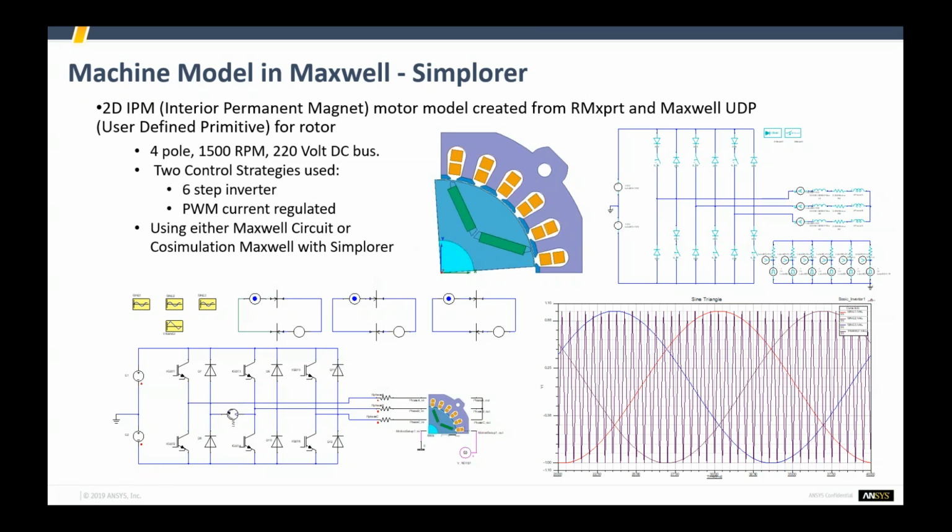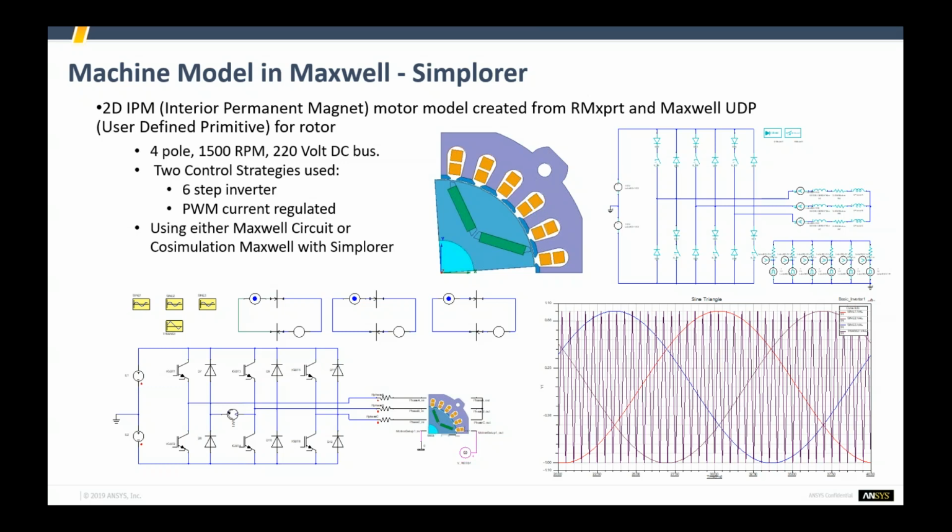So for a specific machine model in Maxwell or Simplorer, here we have an example of a machine that is connected to an electrical drive with SPWM, a sinusoidal pulse width modulation. It can be modeled in either.